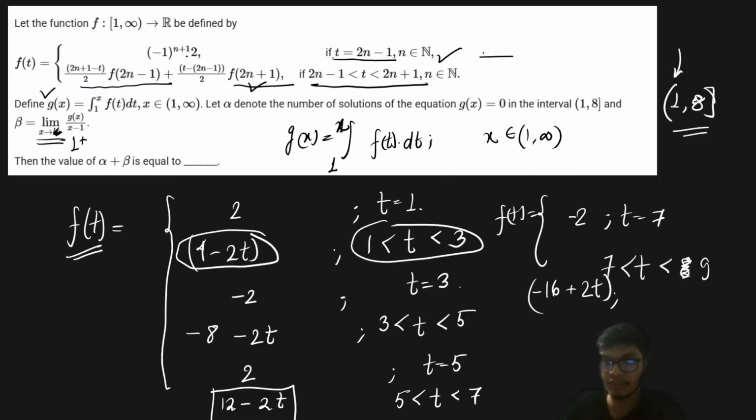So when t is equal to an odd integer, the function value is something, and when t lies between any two odd integers, then f of t depends upon the previous values of the function. That is what is interesting to discuss in this question, and ultimately the answer is equal to 5. I hope you all are getting the same answer, 5.